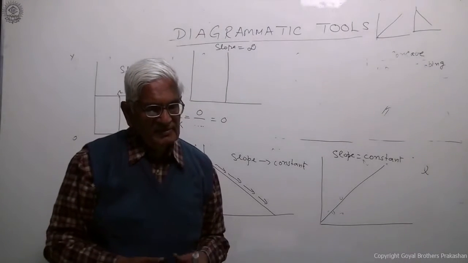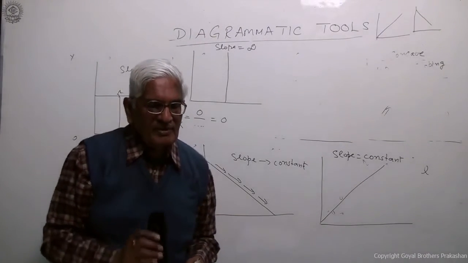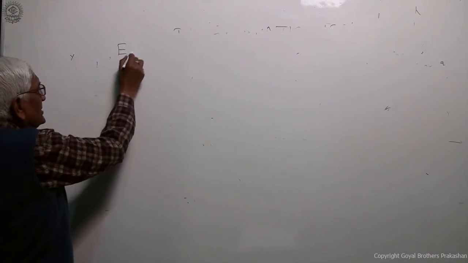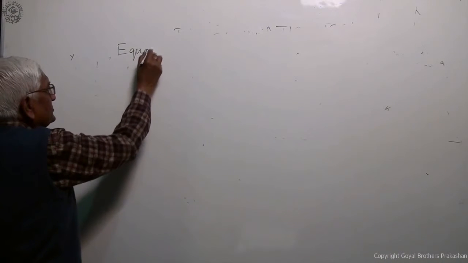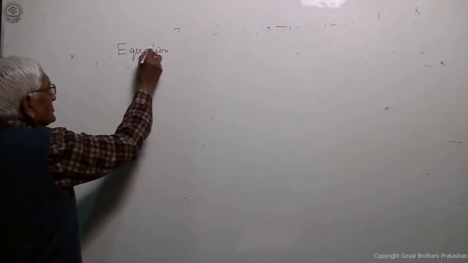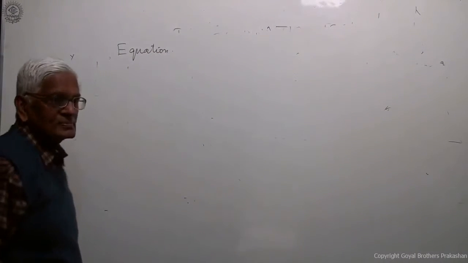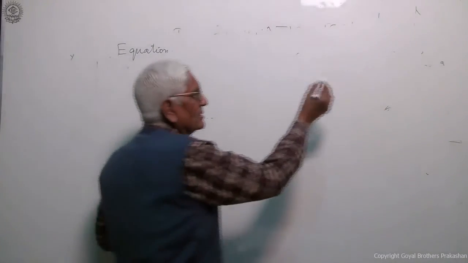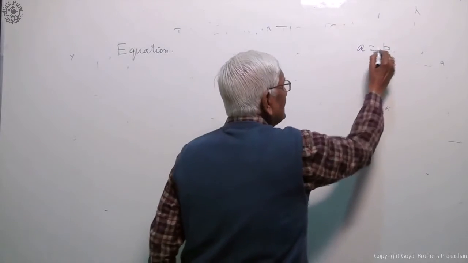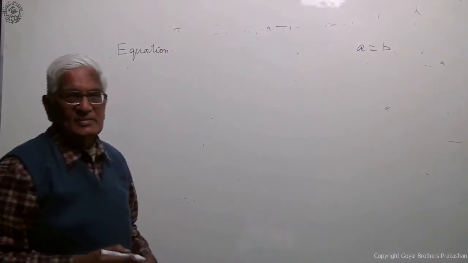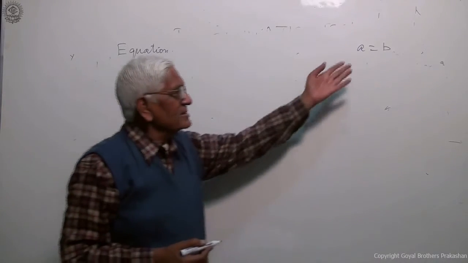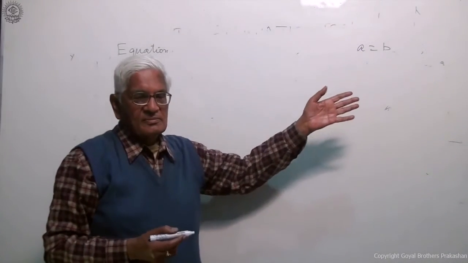Then there is another part of this. It is equation. You are all familiar with the equation. A is equal to B. This is an equation. So what is the characteristic of the equation?